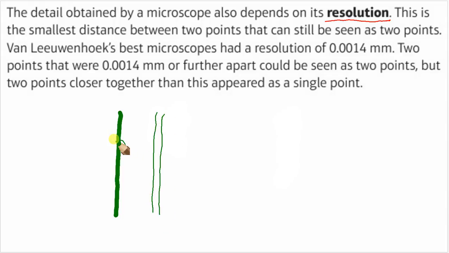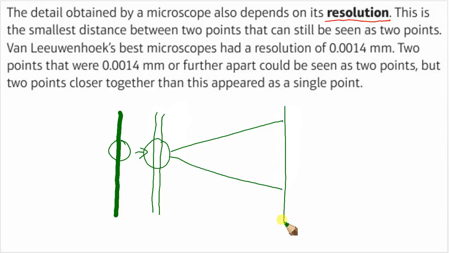In other words, we've resolved that thick line into two thinner lines. That's what's actually there, and we've been able to resolve that. If we zoom in onto those two thinner lines, the resolution is the distance that we can still see between these two points. So this has a particularly high resolving power.